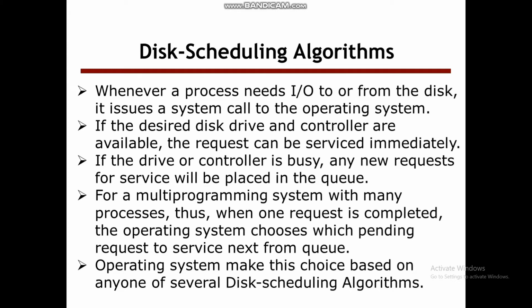The main responsibility of disk scheduling algorithms is to schedule the order of disk IOs to improve performance. There are a lot of disk scheduling algorithms available, out of which we will be learning four: FCFS scheduling, SSTF or shortest seek time first scheduling, SCAN scheduling, and C-SCAN or circular scan scheduling.